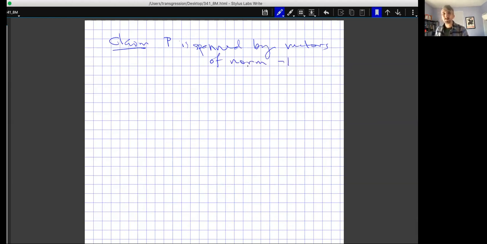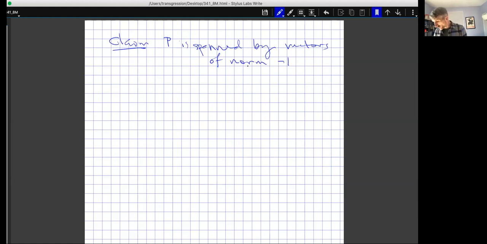Visually, this is really clear. If you think about that shape that's built by the norm -1 vectors, then any plane is going to have a spanning set that lives on the norm -1 gadget. So I'll let you think about a formal proof if you want to.